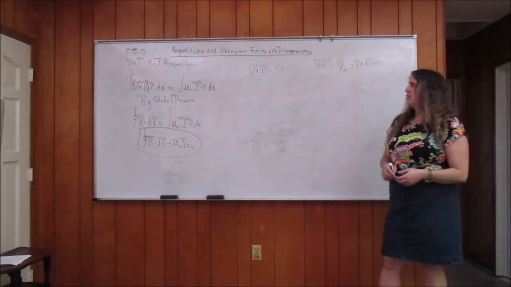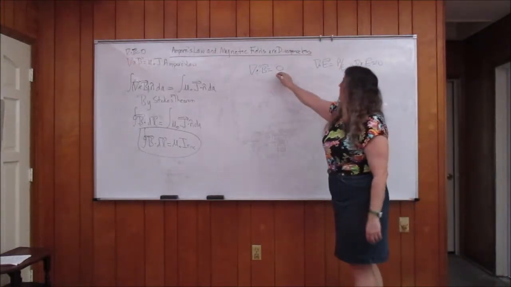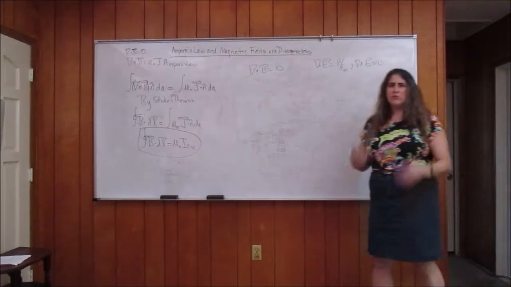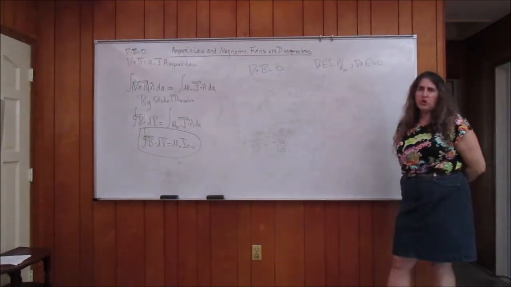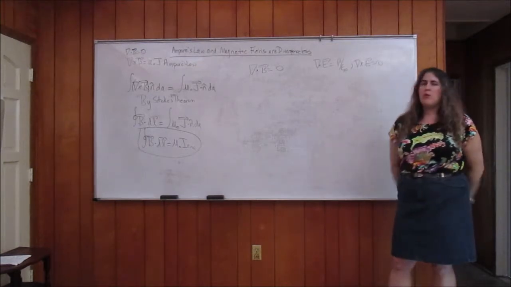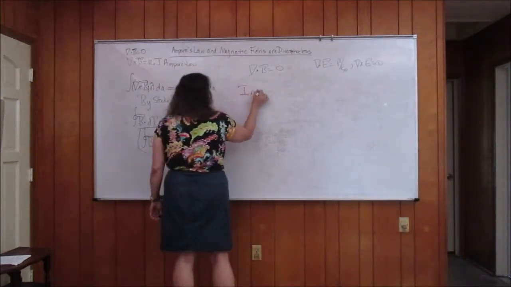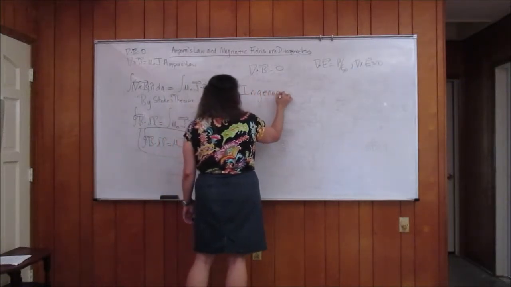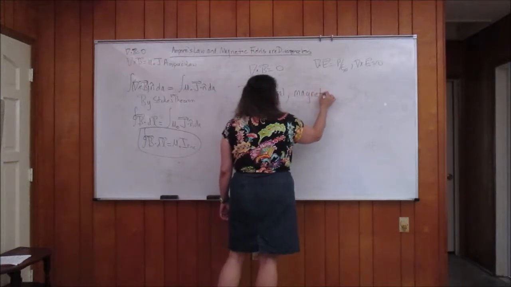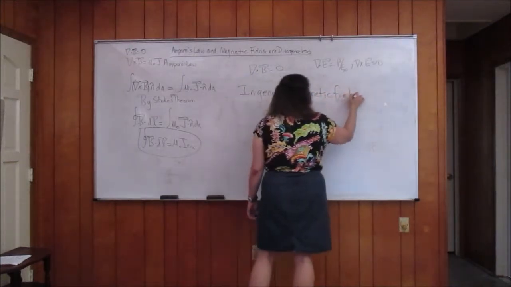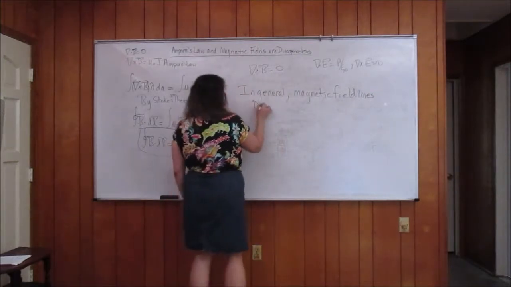The reason they're given for why they don't terminate on anything in space is because there's no magnetic monopole, and there's no magnetic counterpart to electric charge. Okay? However, in general, magnetic field lines do not close.